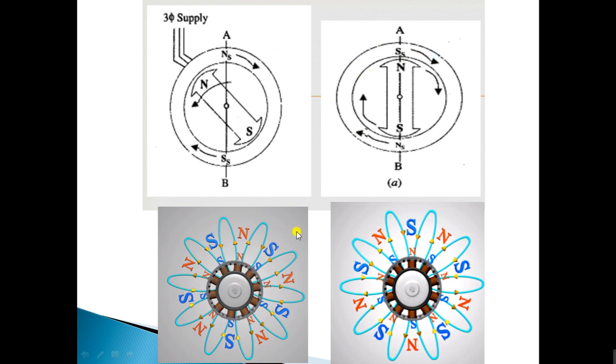This is illustrated in the following figure. So we have to use some other methods to make the rotor synchronize with the stator, that we will discuss now.